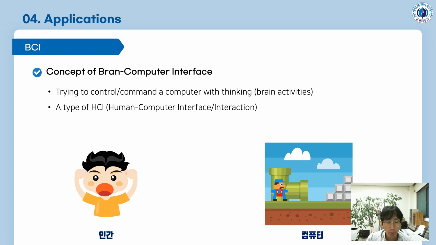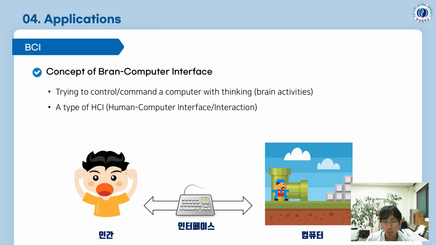Usually we control this character using a joystick or keyboard, but instead of that, maybe we can use our brain activities. If we just think, okay, left, right, jump, and then it moves without speaking, but just thinking, then we can call this a BCI, brain-computer interface.